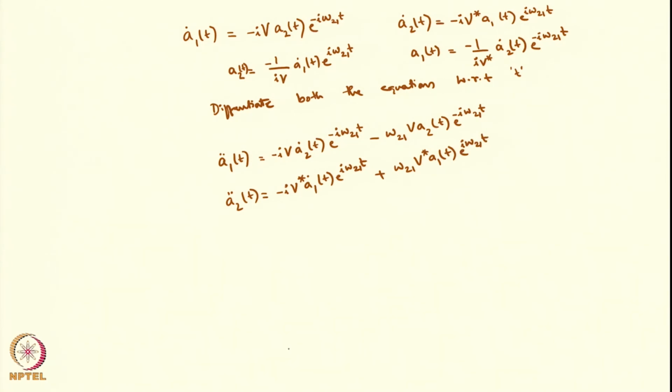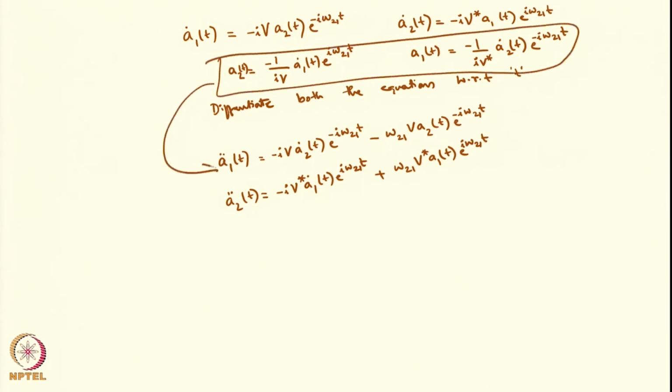Okay. Then what I can do is plug these in here, and finally what I can get is the following. After rearrangement, A1 double dot t equals minus A1 of t v star, minus I omega 21 A1 dot t.